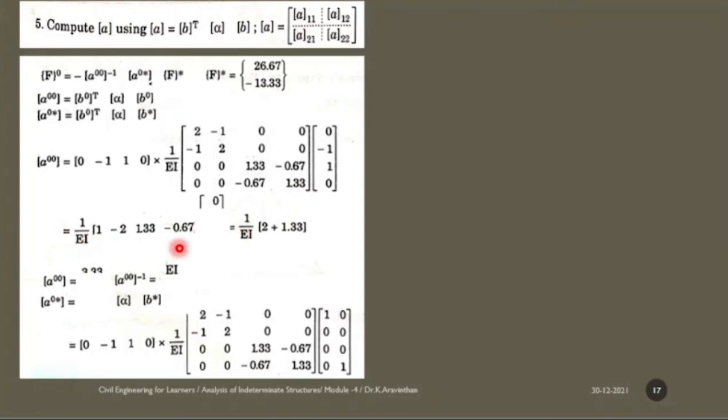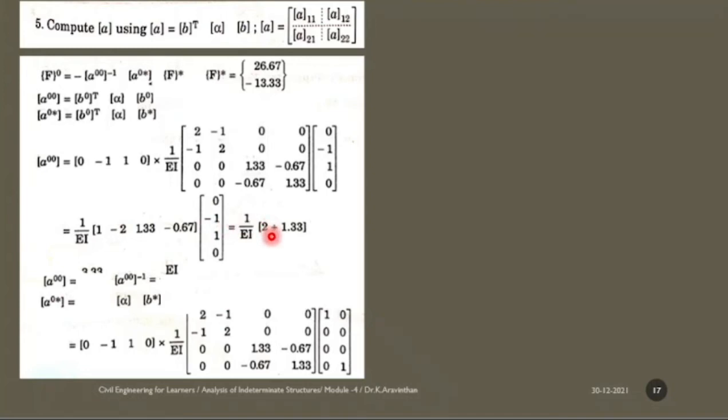Now the first component is found out. Now by this answer, multiply with the B naught. What is B naught? 0 minus 1 plus 1 0. Now if you multiply with this answer, how to multiply? 1 into 0 will be 0, minus 2 into minus 1 will be plus 2.